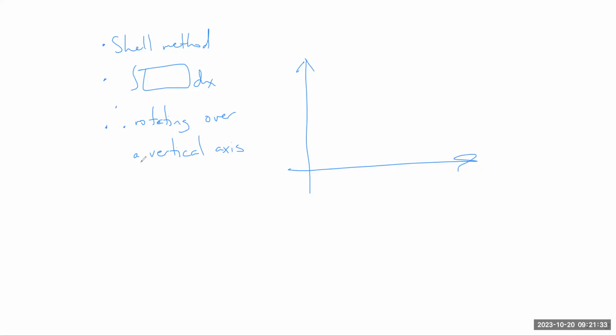So, I've said this a lot, but what the axis of rotation looks like, how it's oriented, horizontally or vertically, that and your choice of variables, those things together dictate this.